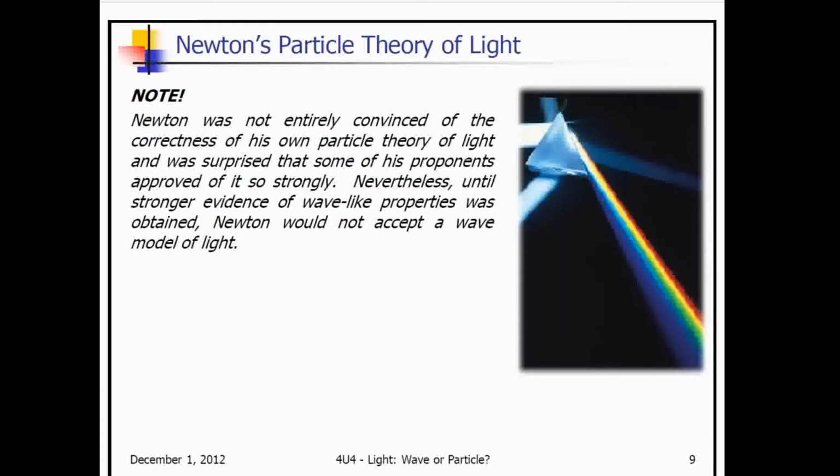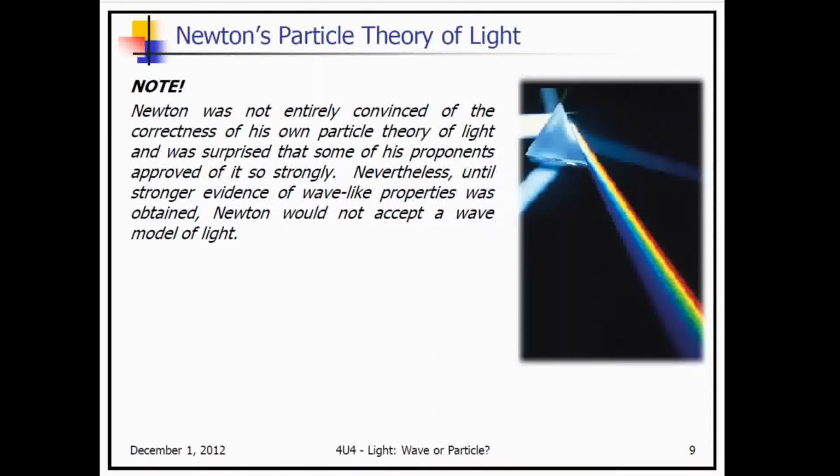Now, it says here that Newton wasn't actually entirely convinced of the correctness of his own particle theory of light. He was actually surprised that some people approved of it so strongly, because he still had some doubts himself. But there wasn't any strong evidence for the wave theory at this time, and Newton was not willing to accept that light was a wave.